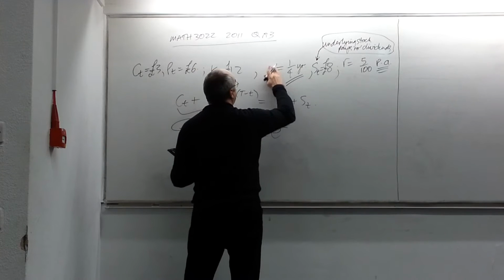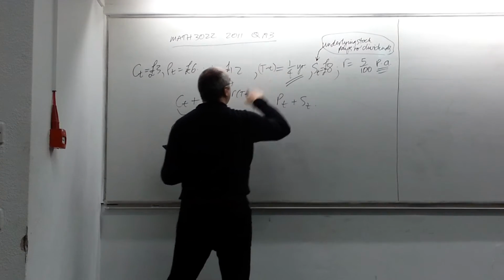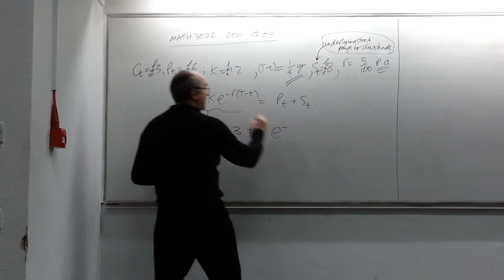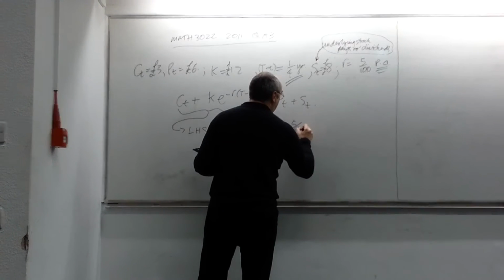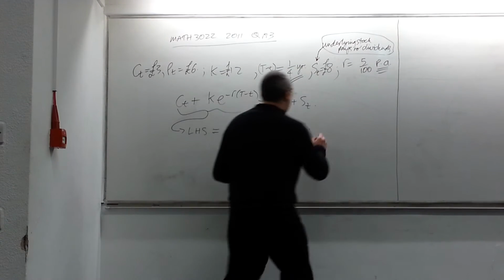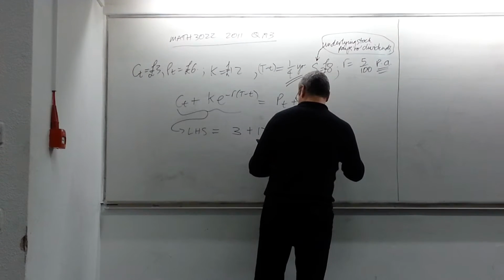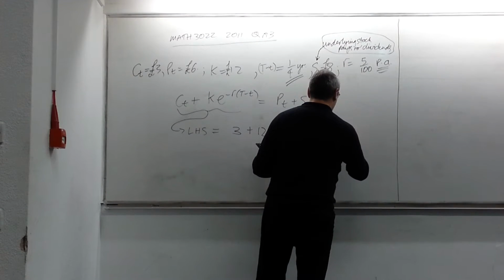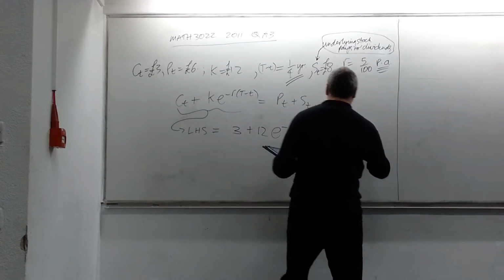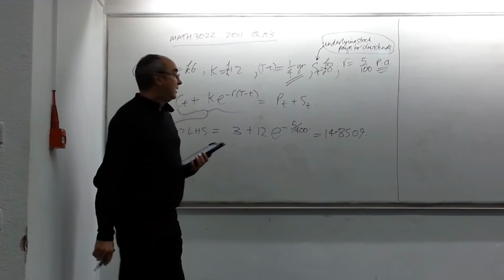The time from now to expiry is 1/4, so it's 5 over 400. If you work that out, it's 14.8509.